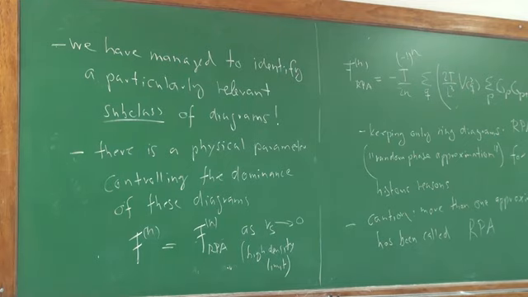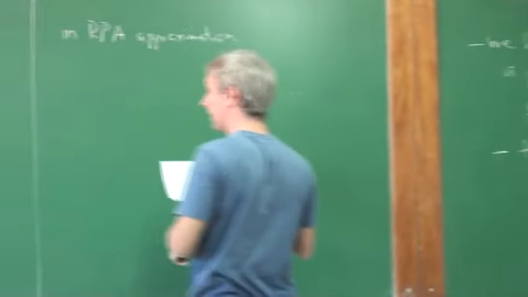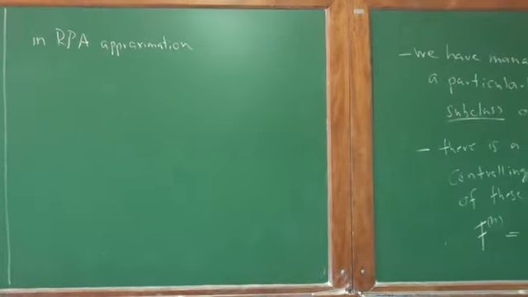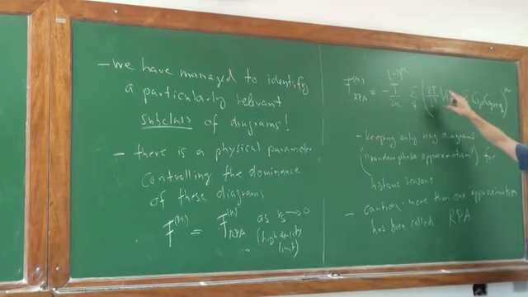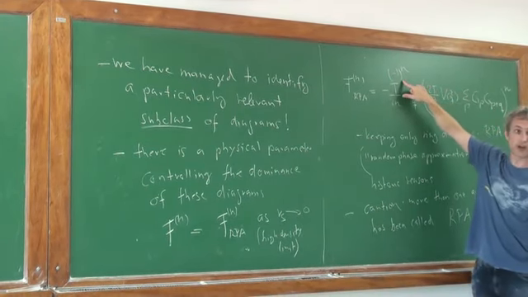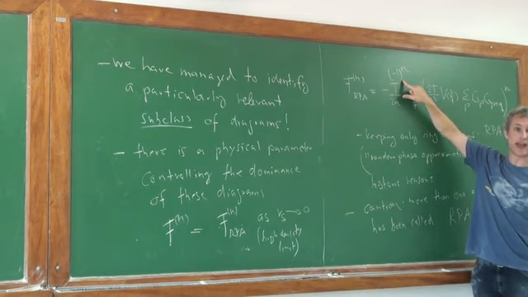Now in the RPA approximation, we can sum the contributions from every order. Okay, now as Eric pointed out, there's a factor (-1)^n from each group of the diagrams.